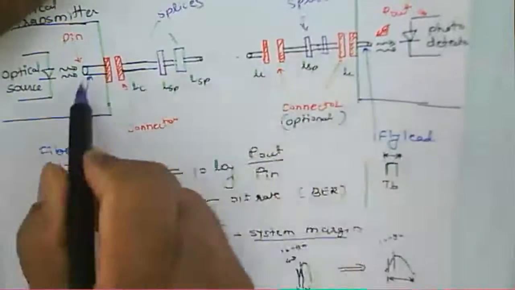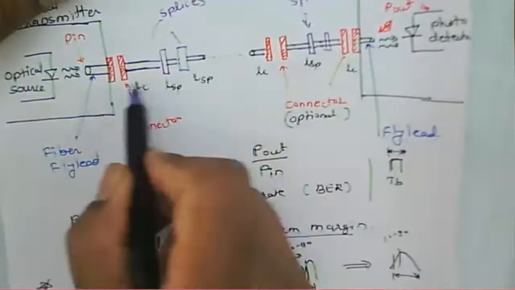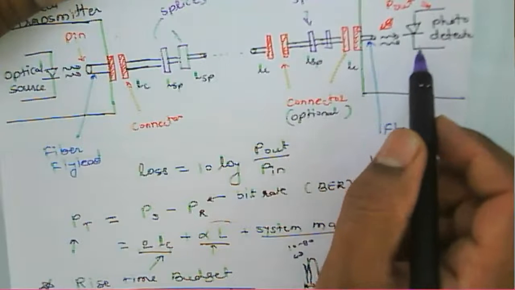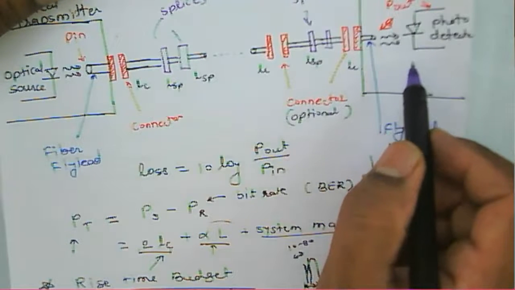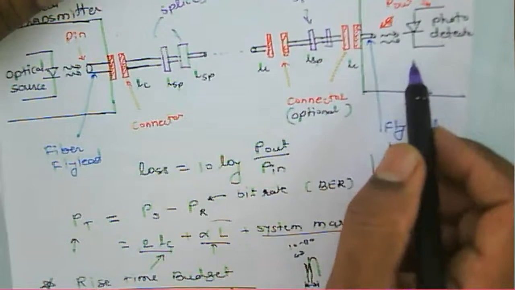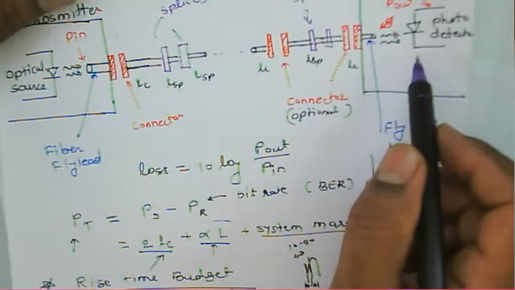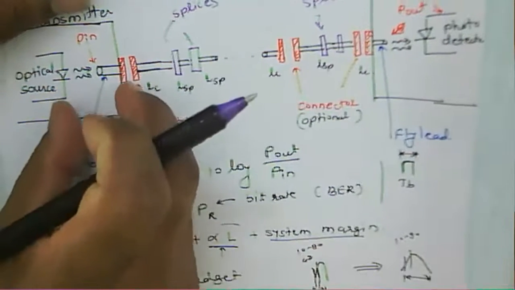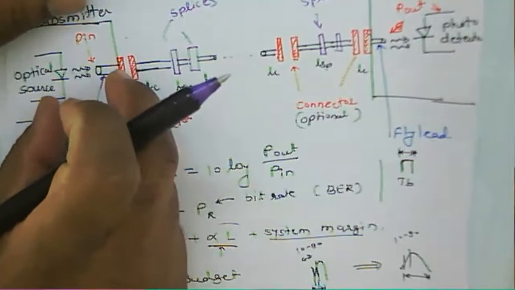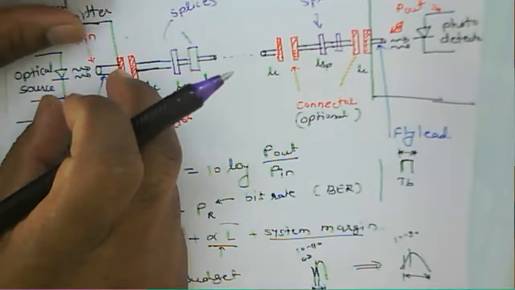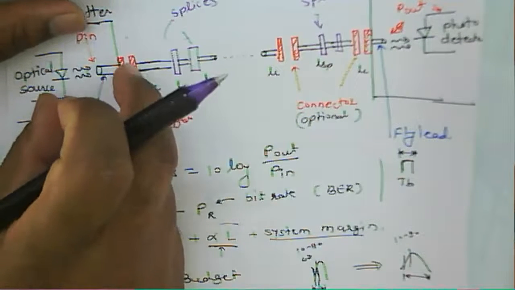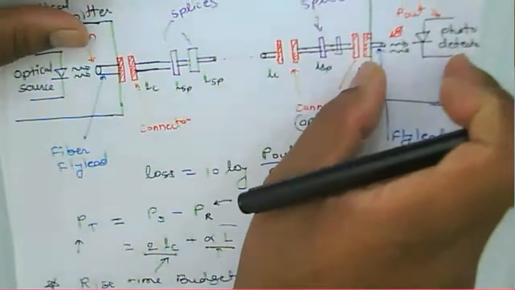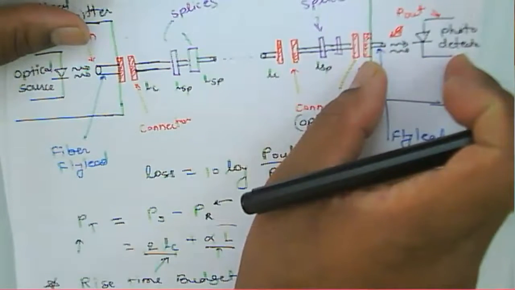And then because of the length of the fiber, the pulse gets degraded. So that's why there will be dispersion. If you consider both cases, we have a pulse duration. We transmit a particular on-off signal, and similarly we are receiving that on-off light.